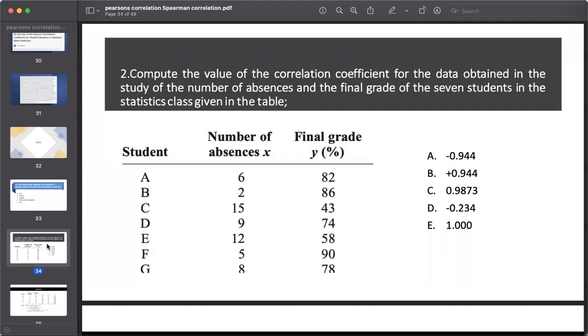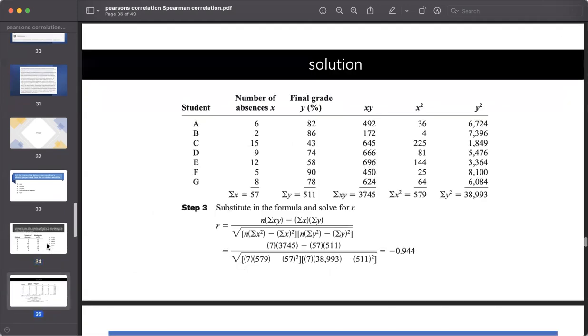Option C is plus 0.9873. D is minus 0.234 and E is 1.00 and 0. No, the answer is A. Here is the solution for this question. We calculate through the formula and putting the values.